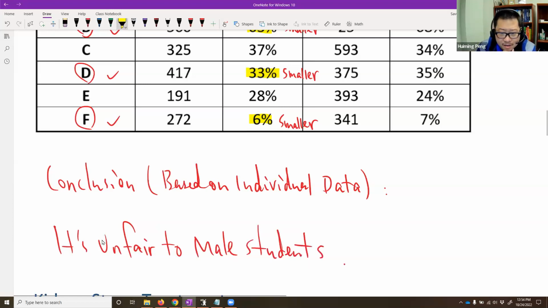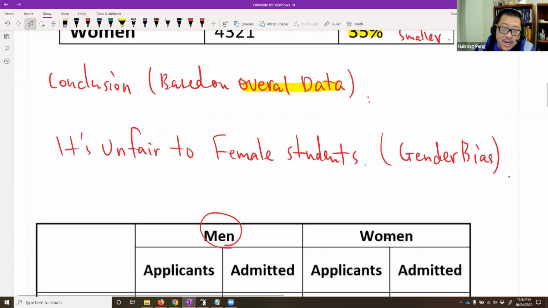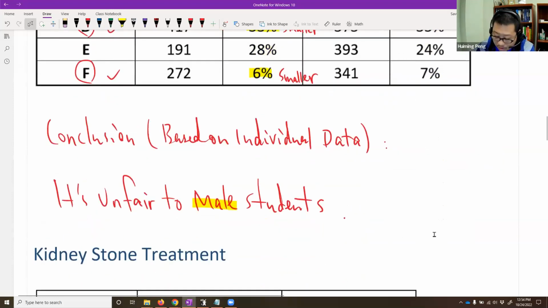Can you see? So now it is unfair to men, and at the beginning it was unfair to female students. How could that be? These are based on the individual data, but we know it's the same data set.